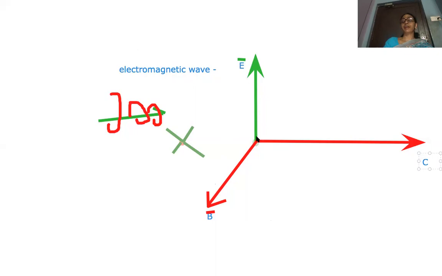Velocity of the wave. So let's draw the electromagnetic wave and how it's going to travel here. Let's see how the wave travels. It's a transverse wave, we have said already. So the particles are going to vibrate perpendicular to the direction of propagation of wave. Let's draw the first wave here.